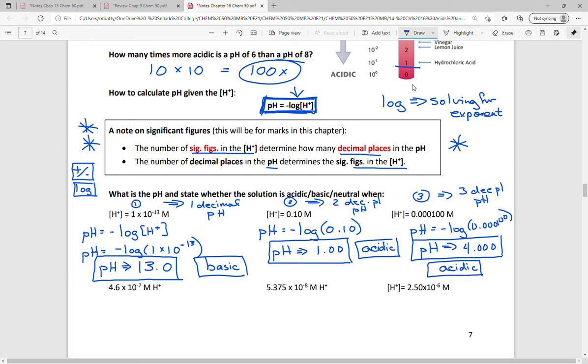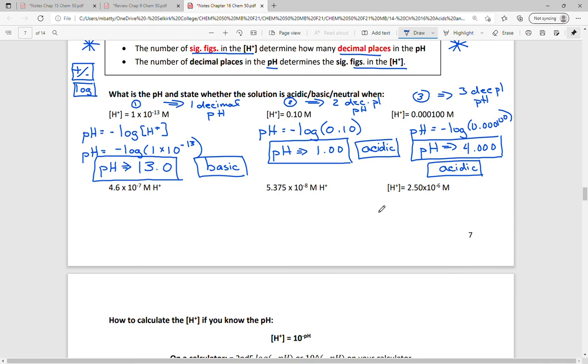So that's all fine and well as long as your concentration is a 1 to the power of 10. That's not realistic. So these bottom ones here aren't going to be solved intuitively. You're going to need your calculator. And we're going to keep practicing using that equation. So pH is equal to the negative log of my hydrogen ion concentration.